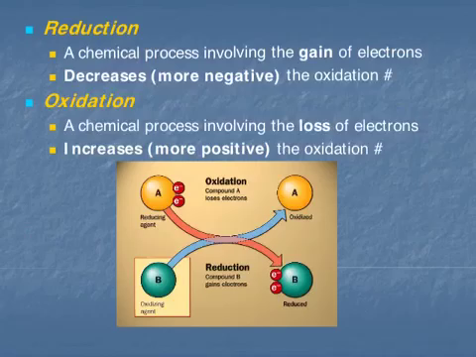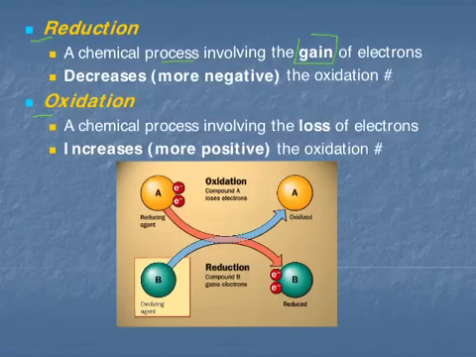And the very last slide, a couple more important terms. We said a redox reaction was just an abbreviated form of saying a reduction oxidation reaction. Well, we need to define what is reduction. Reduction is a chemical process or a reaction where a particular species, whether an atom, molecule, or an ion, gains electrons.